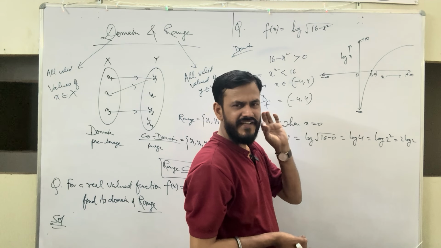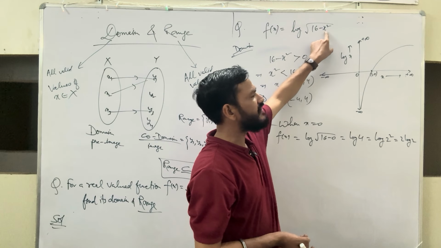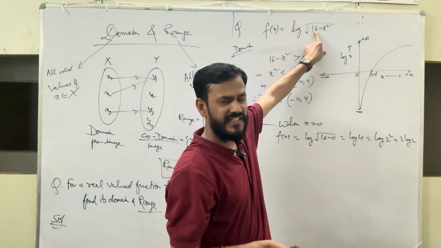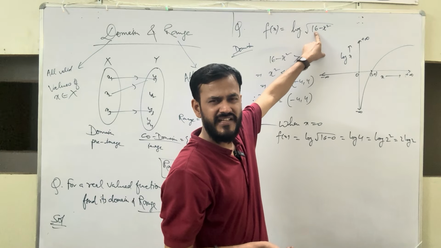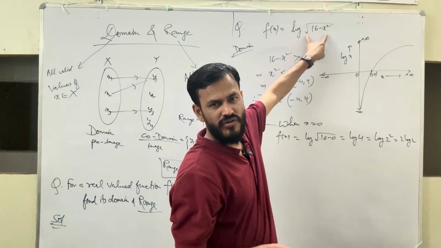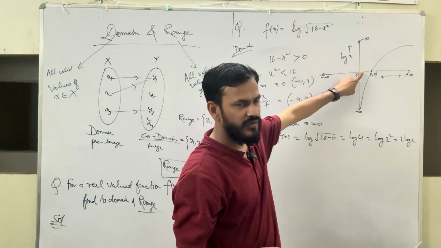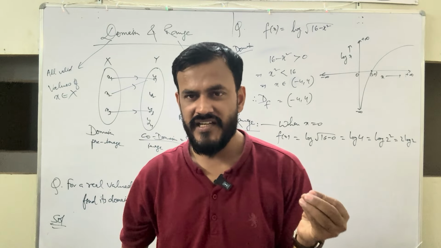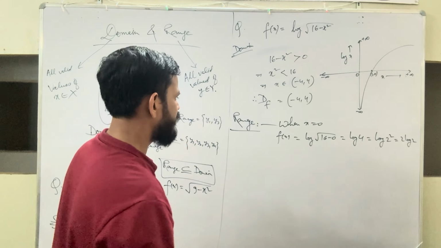So a value like 3.999 can be chosen for x, which makes x square very close to 16, 15.9999 something. So the difference will give you a very small number. So log of a very small positive number will give you minus infinity. So the minimum value this function can attain is negative infinity.